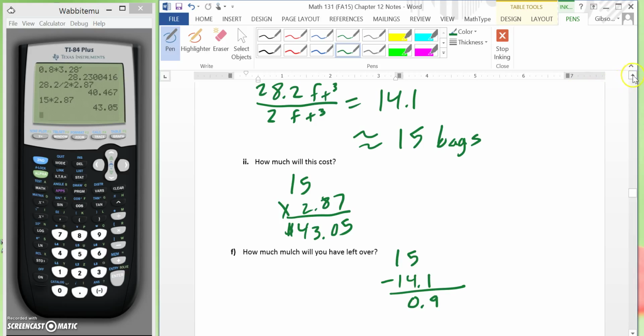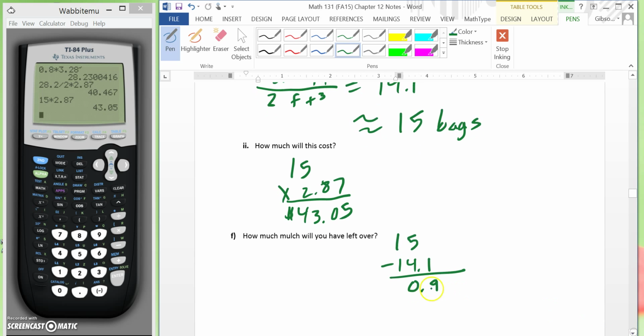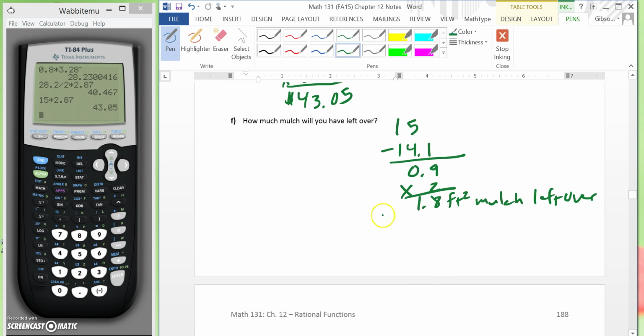But remember, in each bag, there are 2 cubic feet of mulch. So we would have to multiply this by 2, and that will leave us 1.8 cubic feet of mulch left over. And that is our final answer. And we are done.